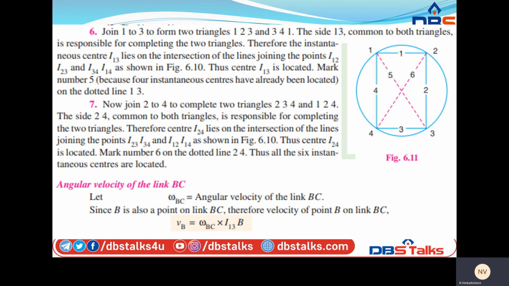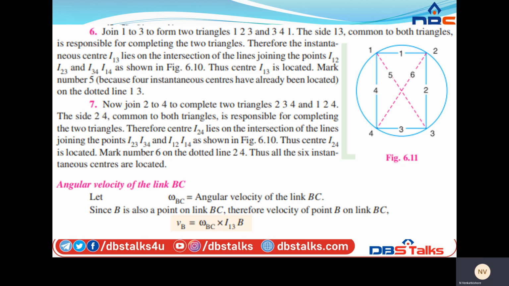For that, we need to use Kennedy's method. In Kennedy's method, you just draw a circle and locate the points 1, 2, 3, 4. After joining 1, 2, 3, 4, join the diagonals 1, 3 and 2, 4. There you get 5 and 6. Like that, we need to notate the instantaneous center points in the table also.